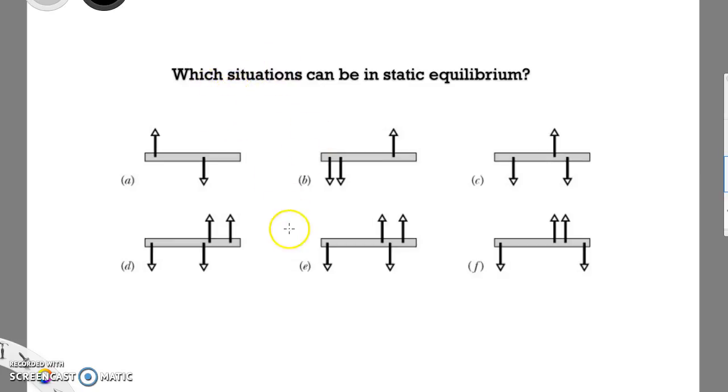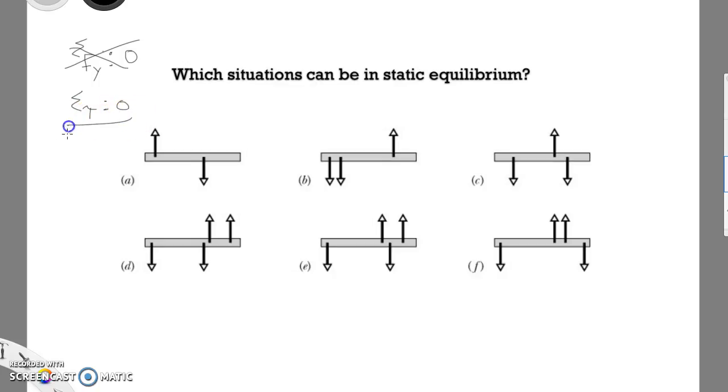Before we go into this question, I want you to look through these options and decide for which of these situations can the sum of the forces acting in the y direction be equal to zero and the sum of the torques be equal to zero. As we answer this, these forces can be adjusted in strength. So I'll actually eliminate this piece.